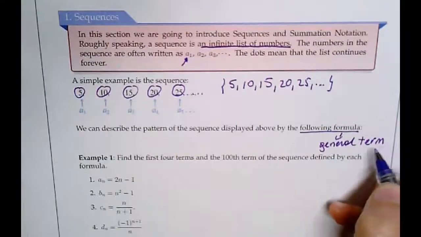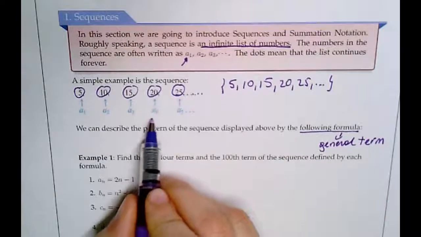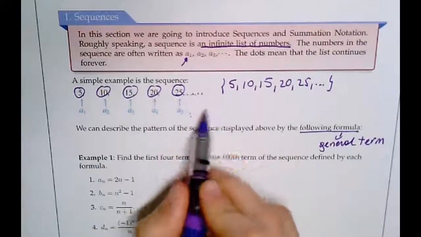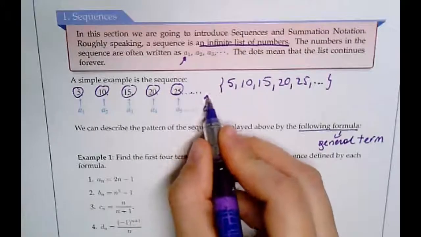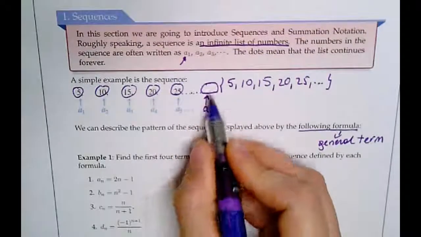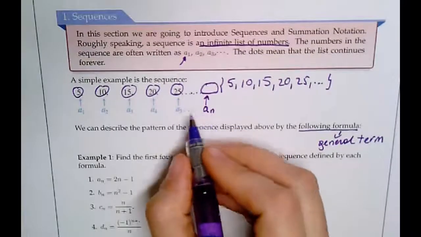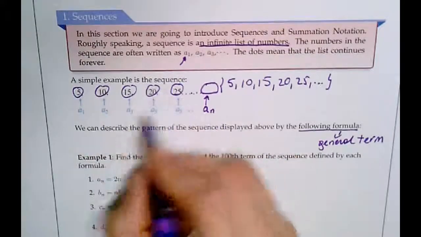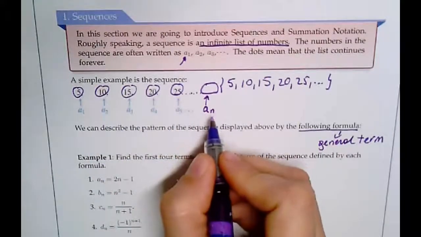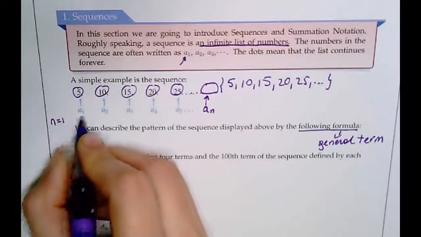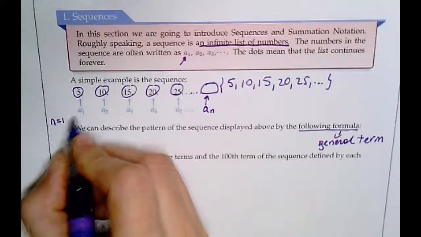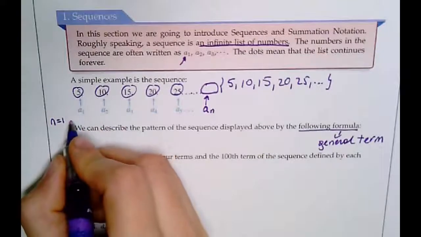So in general, when I look at a term right here, let's call it an, what would be its formula? How do I get an? We have to think and notice a pattern. For the first term, when n equals 1, A1 is 5.